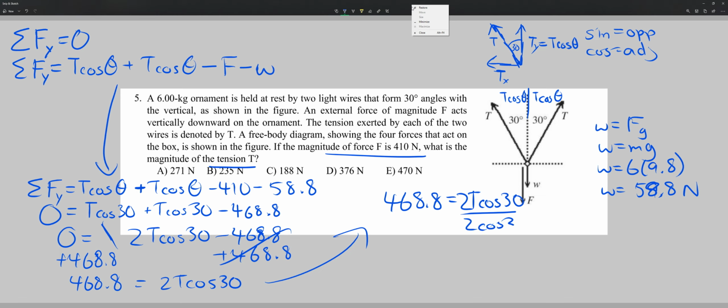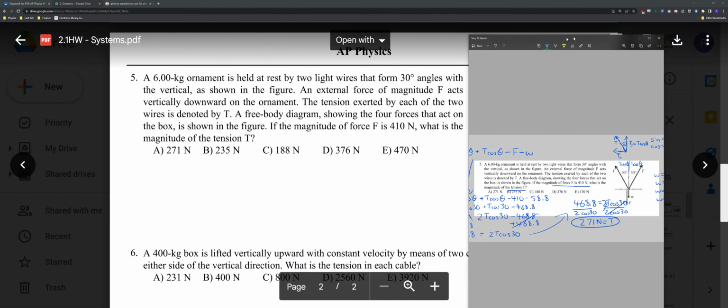Divide by 2 cosine 30 on both sides. And then if you do the math, we should get 271 newtons. And so this is my tension. We successfully solved for tension here.